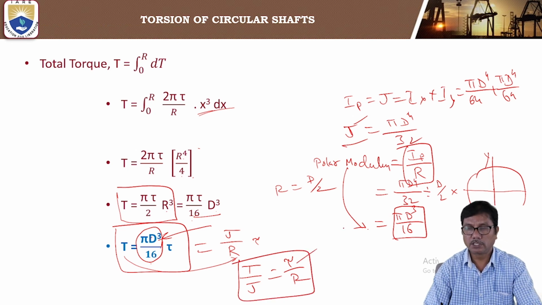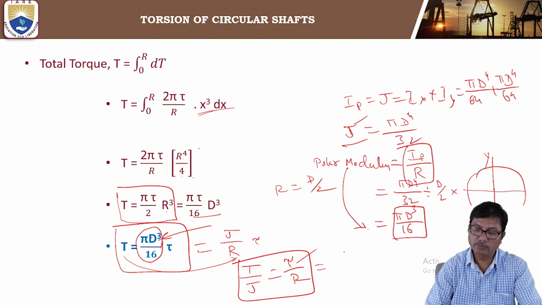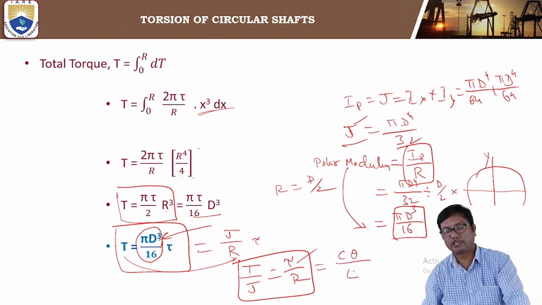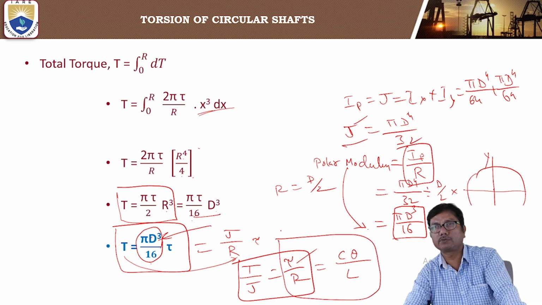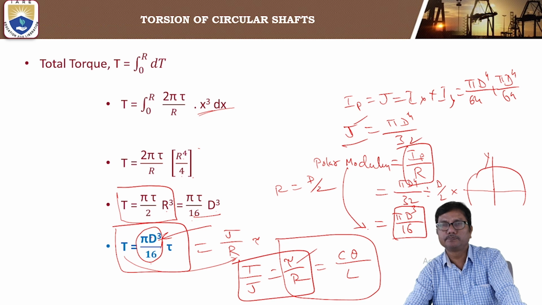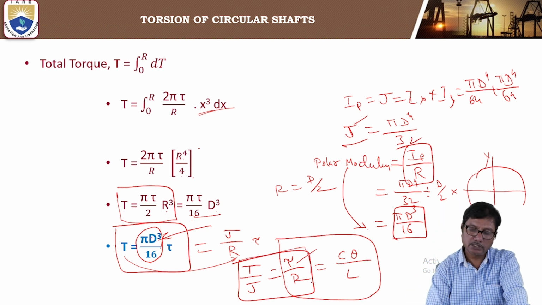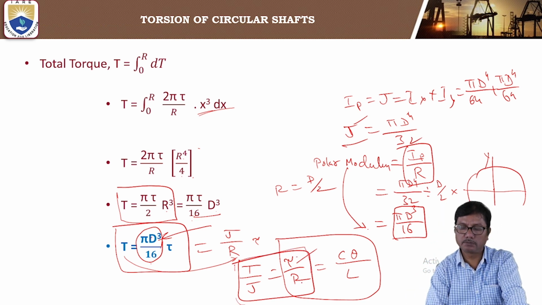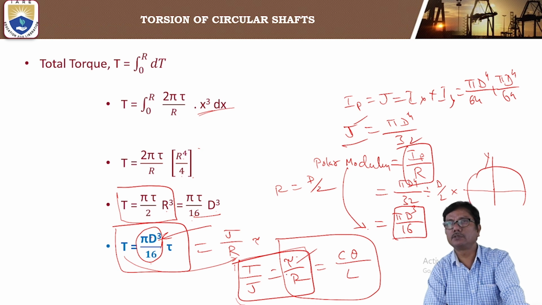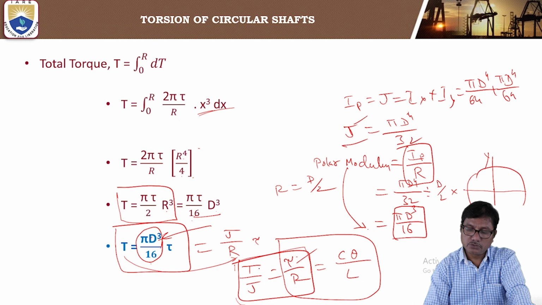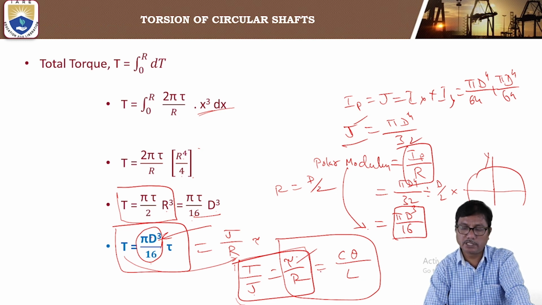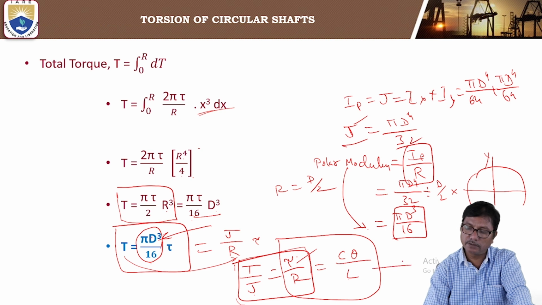Already we have one relation for tau by r, which is equal to C theta by L. The previous relation we have derived is tau by r equal to C theta by L, and this relation is T by J equal to tau by r. This is another relation. So by combining these two, you will have T by J equal to tau by r equal to C theta by L.